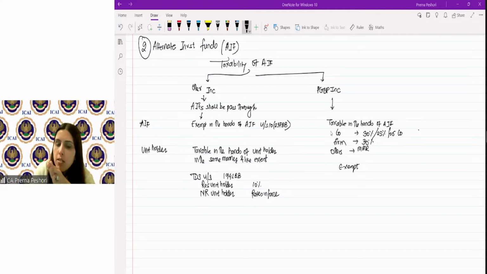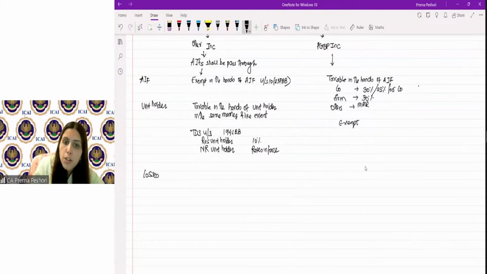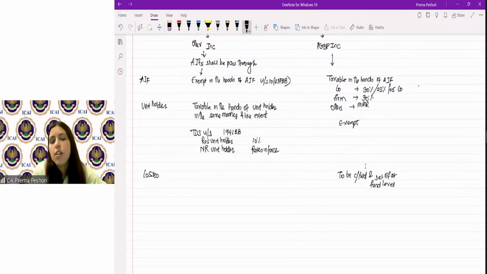It will not be passed on to the investor. So you can write down: losses for the PGBP income to be carried forward and set off at the fund level.